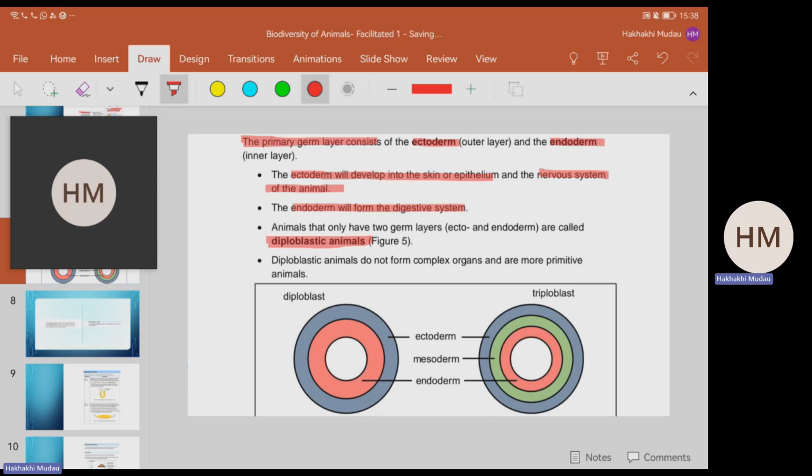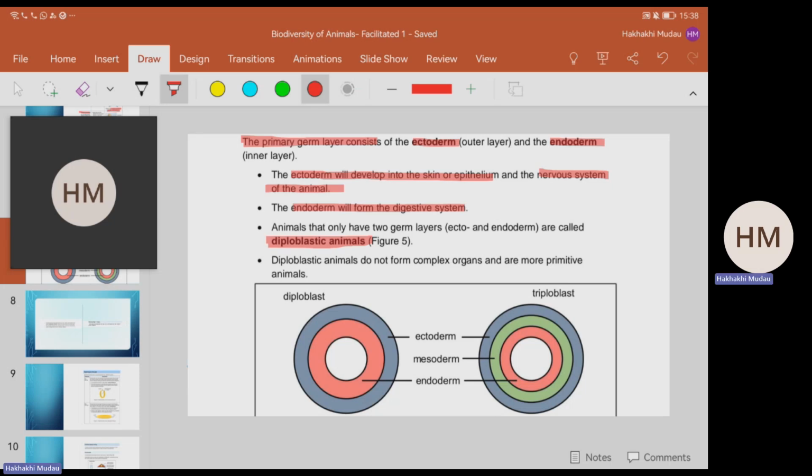Hence I was explaining yesterday that once we have triploblastic animals in the phylogenetic tree, the rest of the animals are going to be triploblastic, because a diploblastic animal comes before a triploblastic animal. We can't have a triploblastic animal and then a diploblastic animal after it. So that's what I'm trying to say.